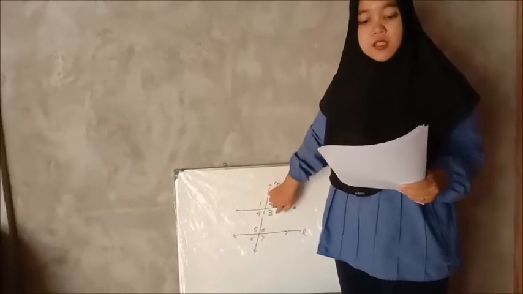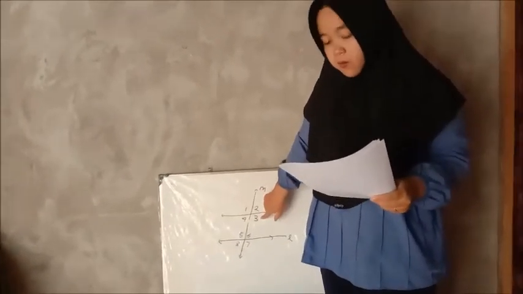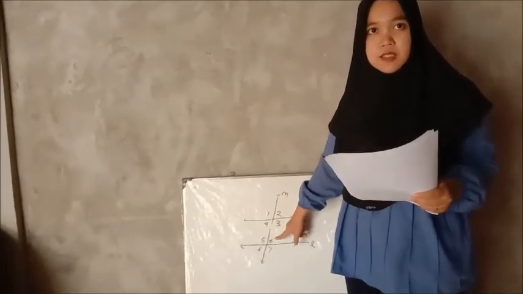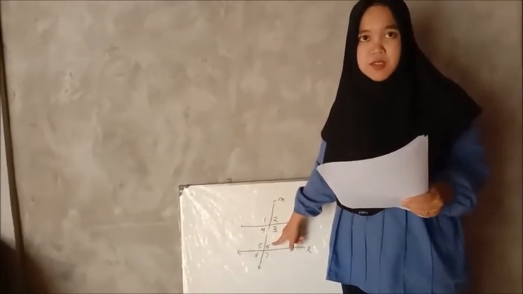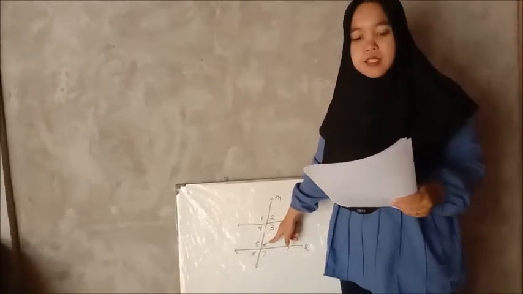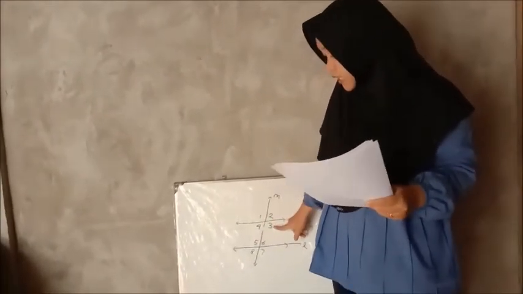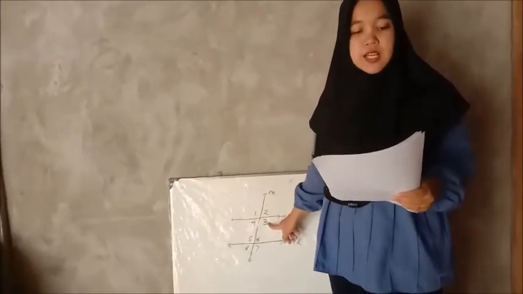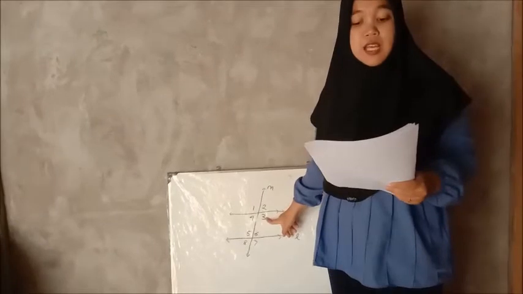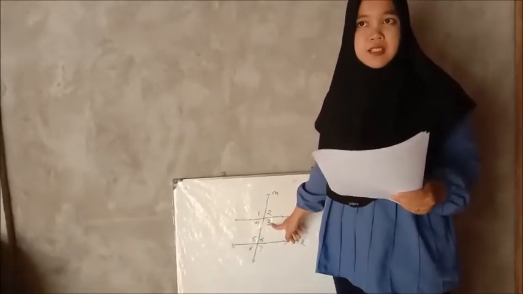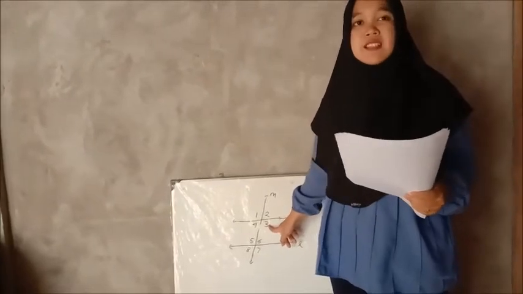From that, we know that 6 and 4 have the same angle measurement, or the degree of angle is same. Then 5 and 3 is also same. So the conclusion is alternate interior angle have the same degree of angle, or the measurement of the angle is same.